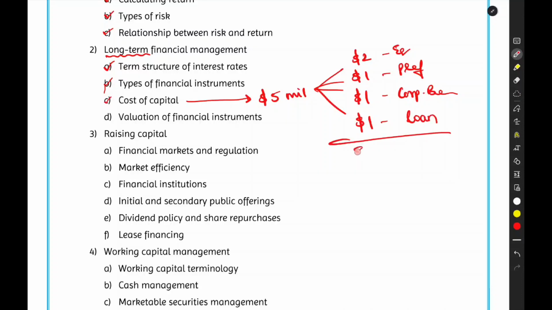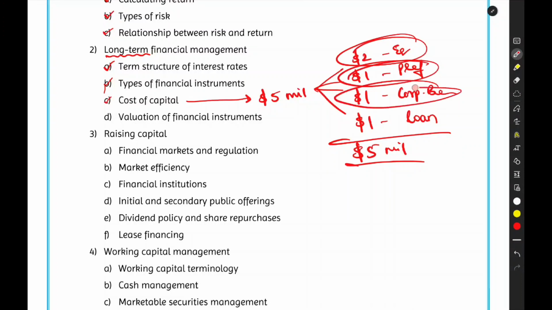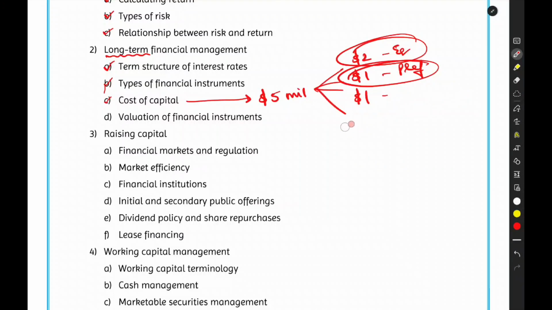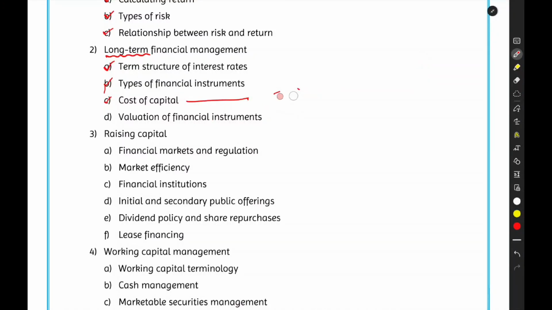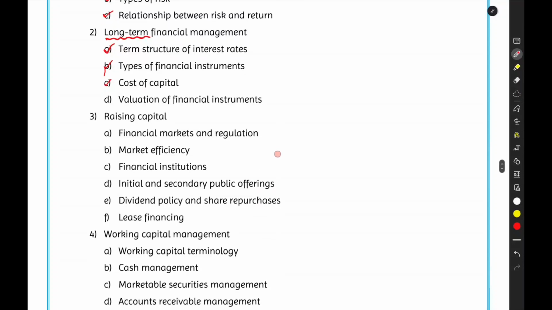So the total funds raised are 5 million. Each of these will have a different cost of capital, so we are going to calculate a weighted average cost of capital to evaluate whether a particular project or proposal is profitable or not. That is the WACC concept covered in cost of capital.